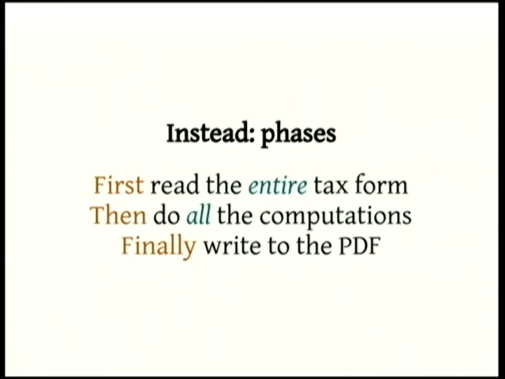I then was able to rescue that deeply compromised and very difficult to maintain code by breaking it into phases. I first read in the entire input of the tax form while resisting the temptation to do anything with it. I simply read it into a data structure and return that.